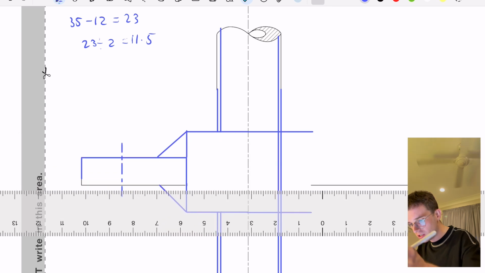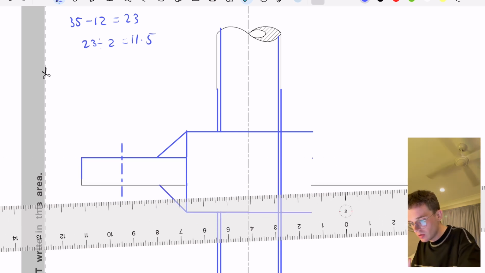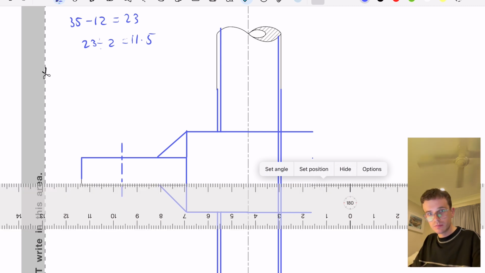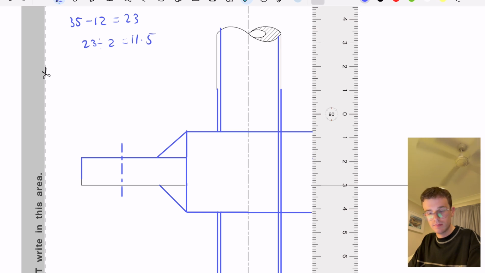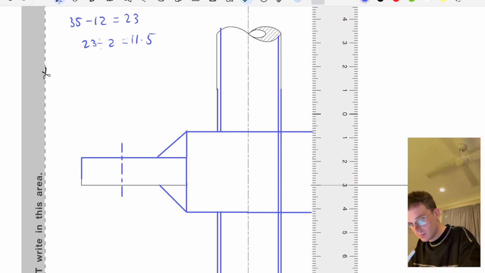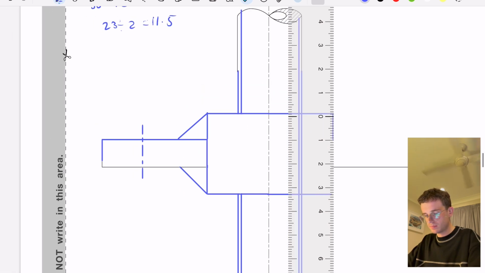There's no convention, at least to my knowledge, of what side we hatch on, at least in the HSC, that you'll see them do it on both. A little line there. Right, so you want to draw up. And across.